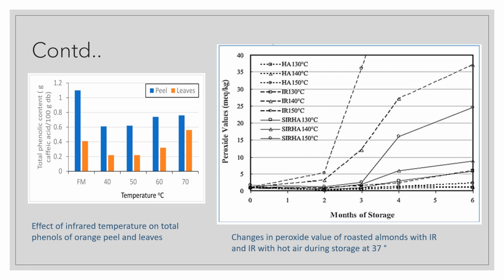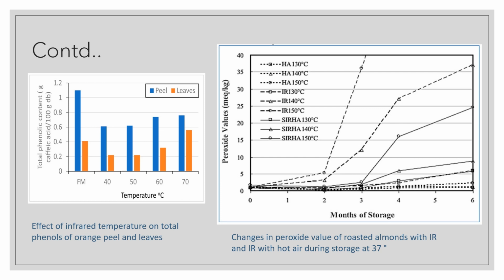At 140 degrees Celsius the peroxide value was 12.10, and at 150 degrees Celsius the peroxide value was 36.07. These results were for the combination of infrared and hot air. According to the current data, the peroxide value should be nearly 5 milliequivalent per kg.